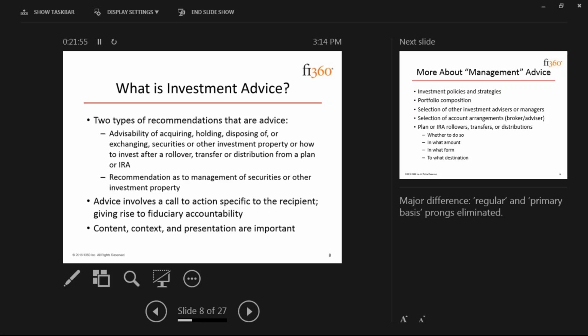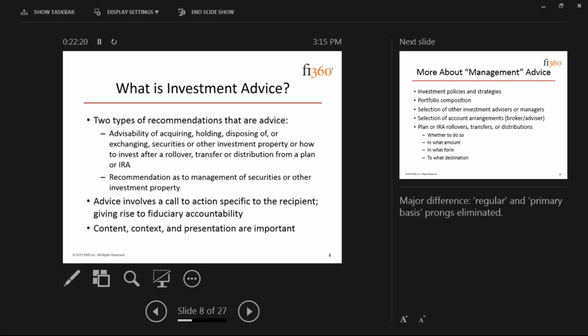That's the first piece. The second piece is recommendation as to the management of securities or other investment property. So the first piece is more about the specific investments. The second piece is at a higher, broader level, the actual management of the securities, and that's a little different than we've typically seen with respect to what we're calling investment advice.